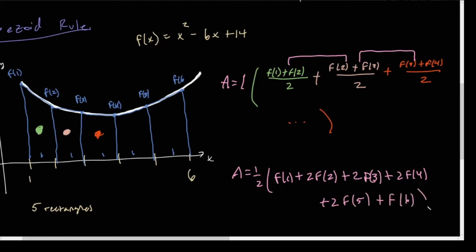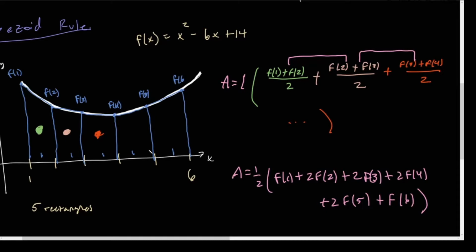This will give us our trapezoid sum. Any questions about this? 1 is the width, the half is because we're averaging these two, and the reason there's 2 of all of these is, remember, they're doubling up. Each of these boundaries on the inside, except for the first and the last, serve both as a left boundary and a right boundary. That's why there's 2 of them. So are we good?